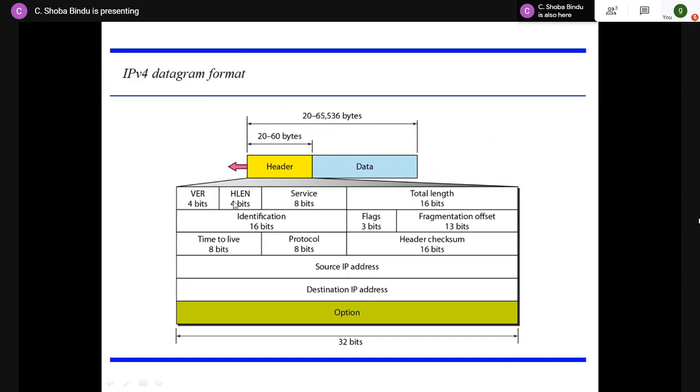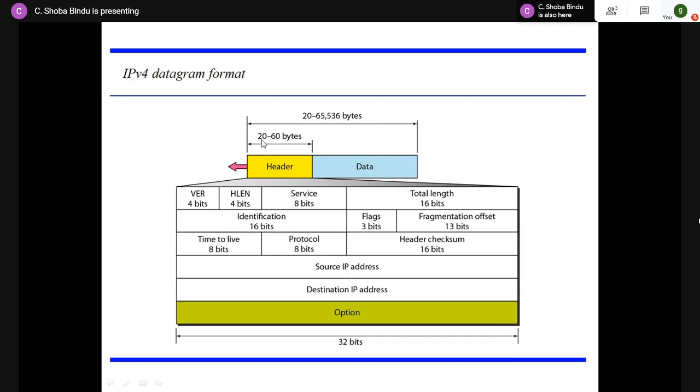And then the next 4 bits specify the length of the header. This field is required because the length of the header varies from 20 bytes to 40 bytes. So for this purpose, you require this header length. It is represented using 4 bits, but the value is represented in terms of 4 bytes.